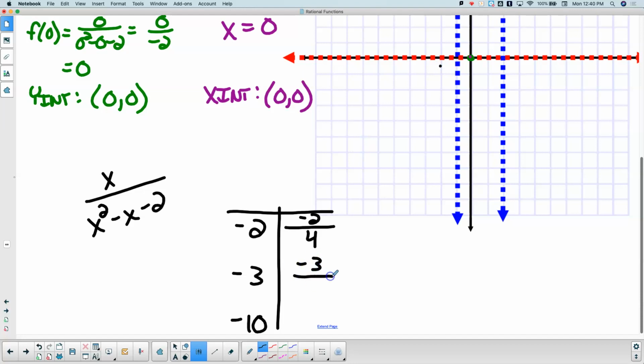Negative 3 is going to be 9 plus 3 is 12 minus 2 is 10. Negative 10 over 108. Agree?